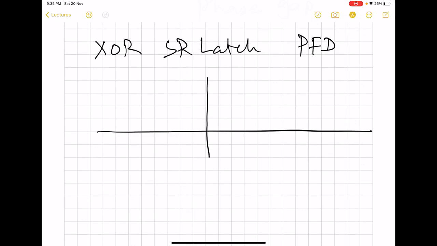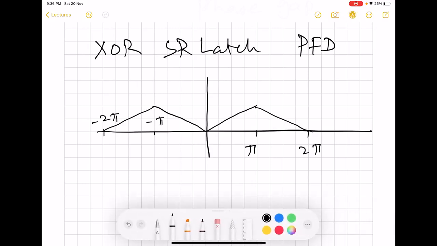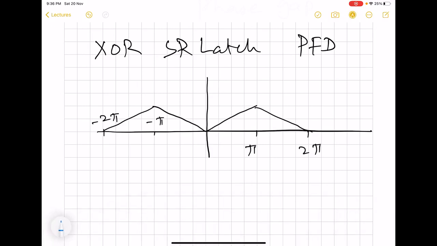So here we saw that the XOR gate had this kind of response. So it was capable of detecting phase error only up to pi. So this is XOR, and then SR latch was able to detect the phase error up to 2 pi.